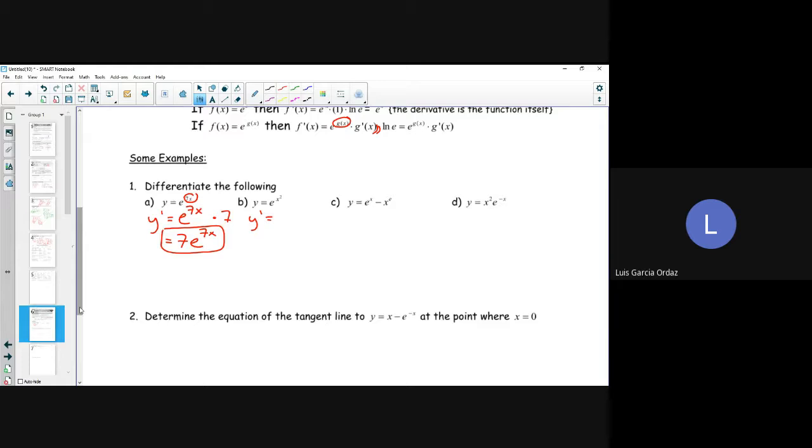It's not going to give me 14. So again, I'm going to take my original function, which is just e to the x squared, times the derivative of my exponent, which is x squared, which is just 2x, which means my derivative, thank you, Priyanshu, is 2x times e to the power of x squared.